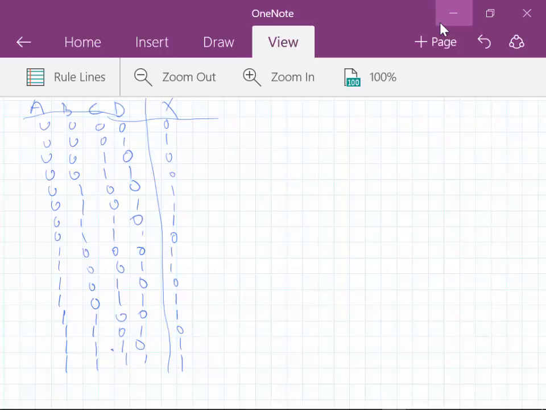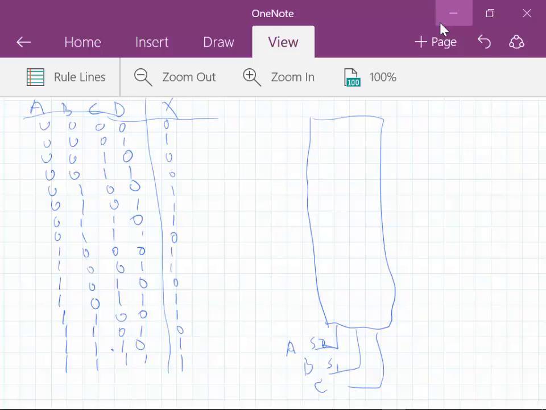It's one of those little tricks. Again, I'm going to tie A to S2, B to S1, and C to S0. Now, D is not used here.